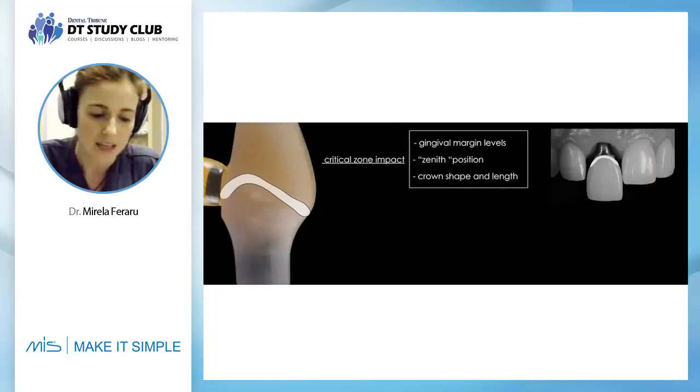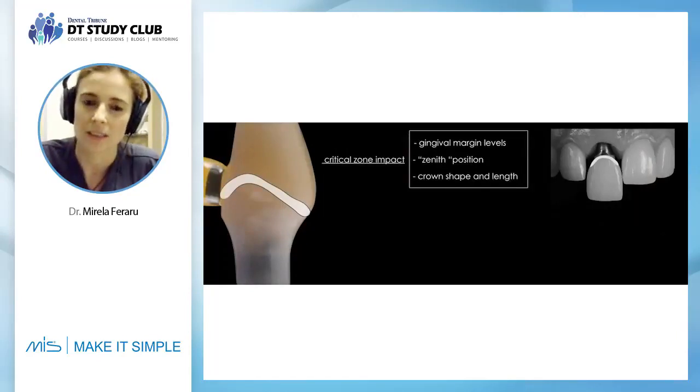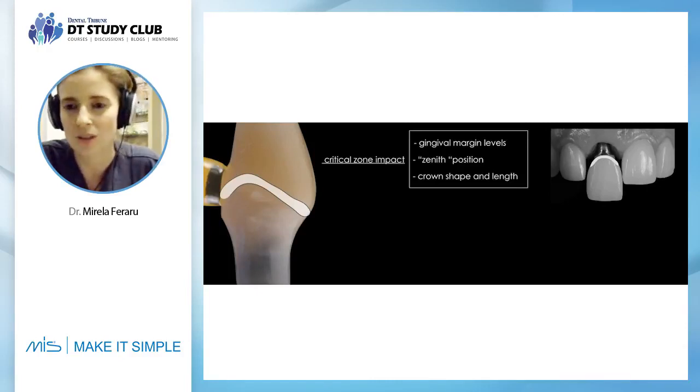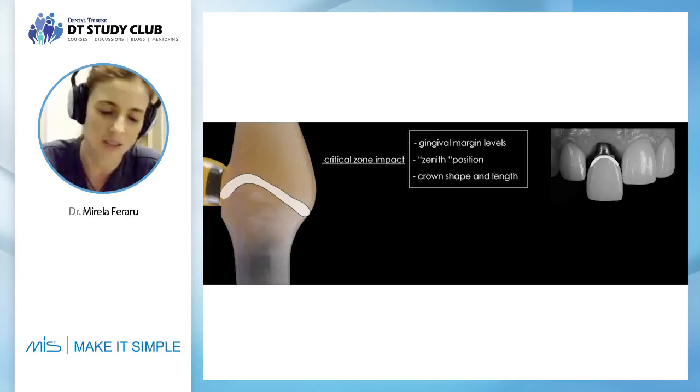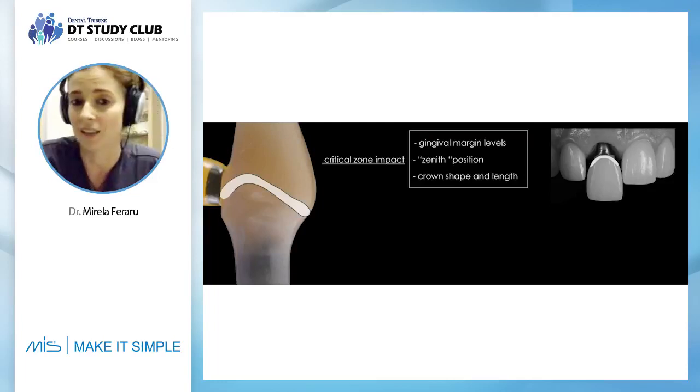So basically the critical zone, that 1.5 millimeter, has a clinical impact. And you could say, okay, what is actually the relevance? There might be a 1 millimeter margin, but how does it have an impact on my clinical work? Well, depending on the contour of this area, we will have control over the gingival margin levels.